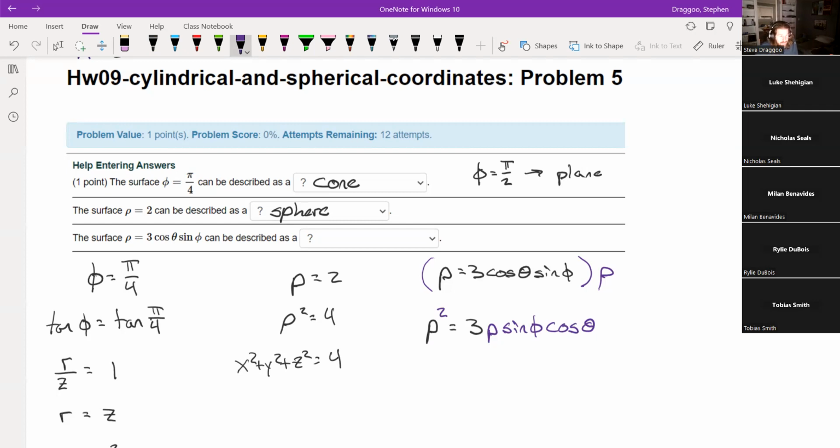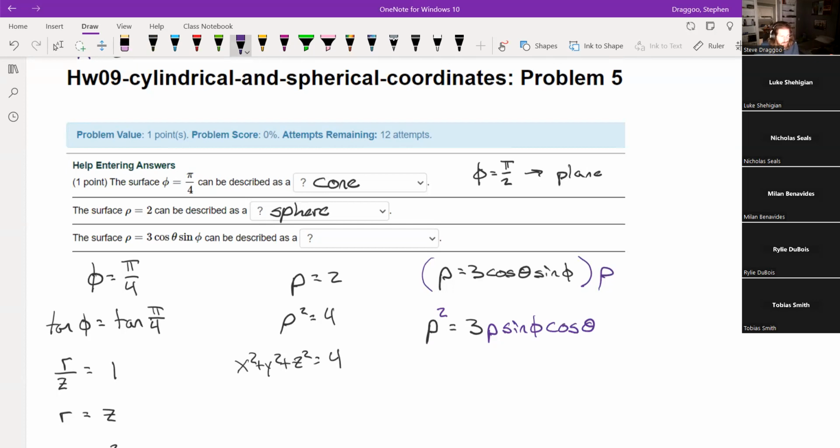So if we think back to our definitions for what x, y, and z are in spherical coordinates, I think that z is rho times cosine phi, right? So z is just the adjacent part of the phi angle, and that's all it is. Then the sine part of our phi angle, the opposite side of our phi angle, is going to put us into the xy plane somewhere.